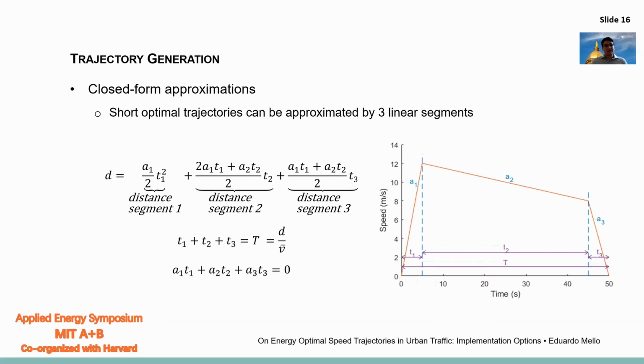Another option is, instead of calculating the optimum speed trajectories, we can calculate closed form approximations of them. For short segments, as shown on the right here, we can subdivide these optimum speed trajectories into 3 linear segments. The distance traveled by the vehicle is given by the integral of that plot on the right, and the total time is given by the distance and the average speed.